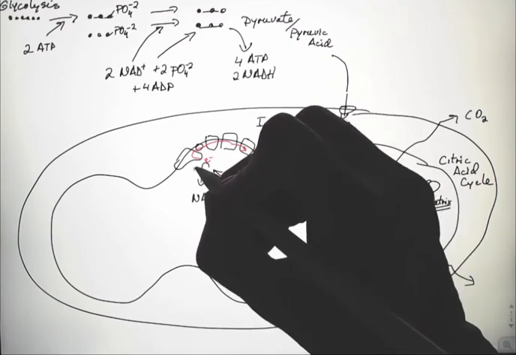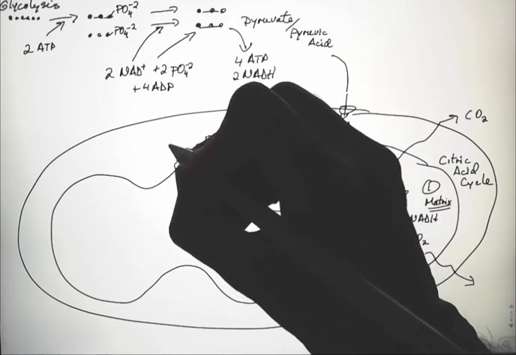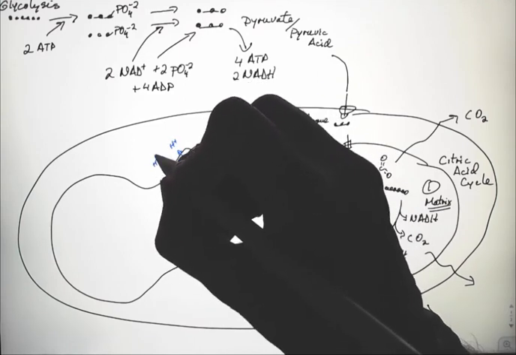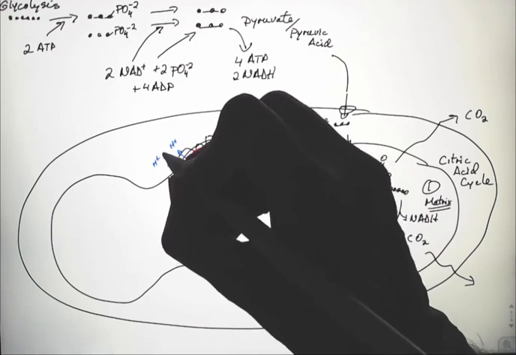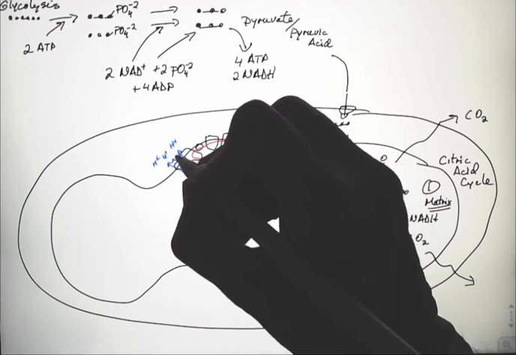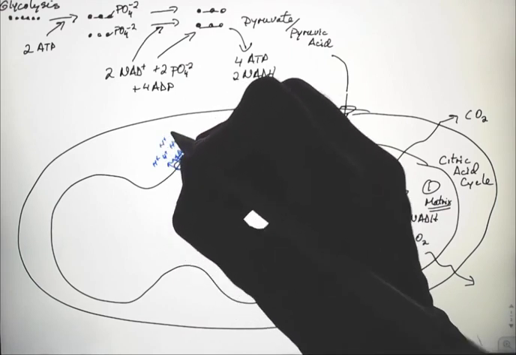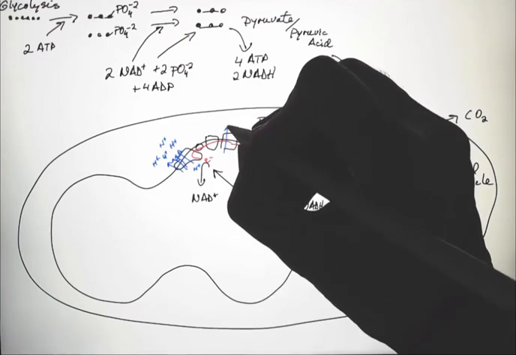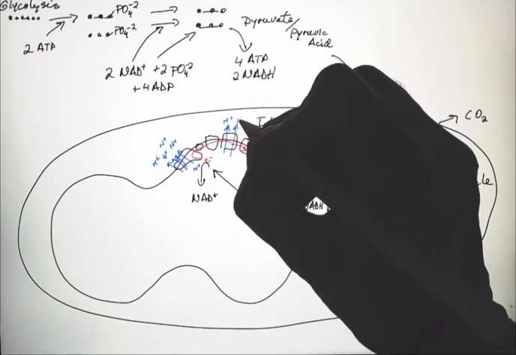and in the process, those movements of electrons cause changes in shape in each of the complexes, such that complex 1 is a proton pump. It moves protons across the membrane because of its response to the changes in shape from the electron. Complex 3 and complex 4 also move protons across the membrane.